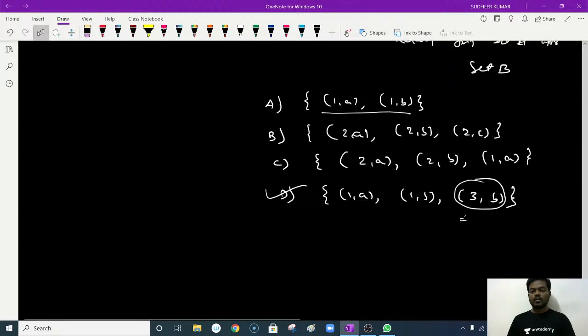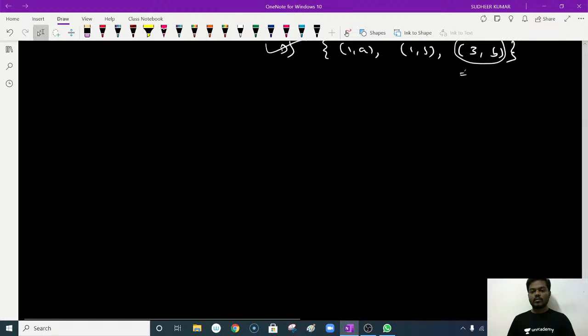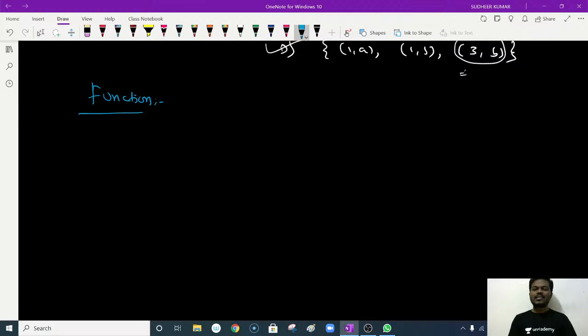Then now we'll go to the main concept, the definition of a function. Why do we discuss all this? Function is a special case of a relation, right? So what is that special case?